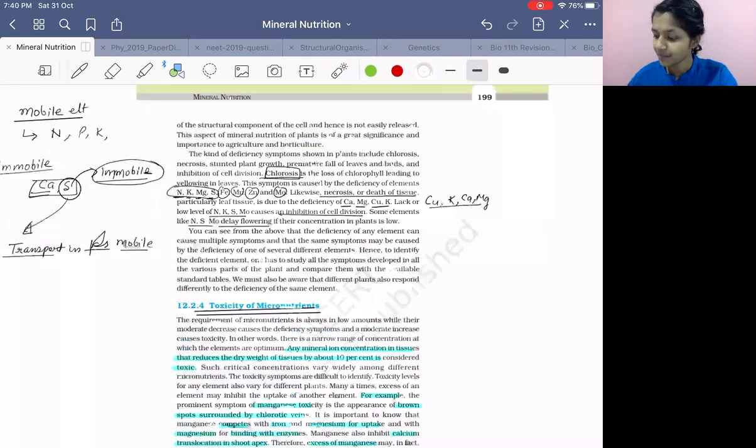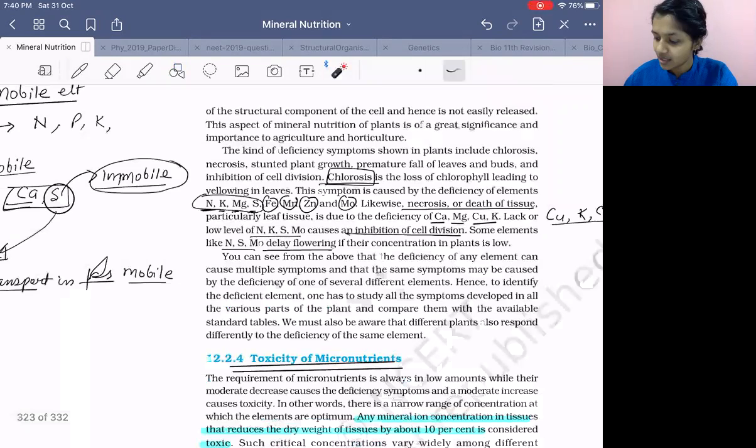First start with N. Only one element is there starting with the letter N. After that, start with M: Mg, Mn, Mo. Nitrogen, magnesium, manganese, molybdenum. And after that, what is remaining?